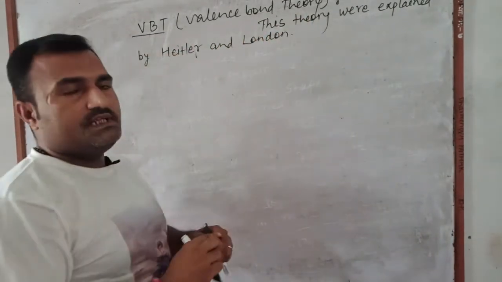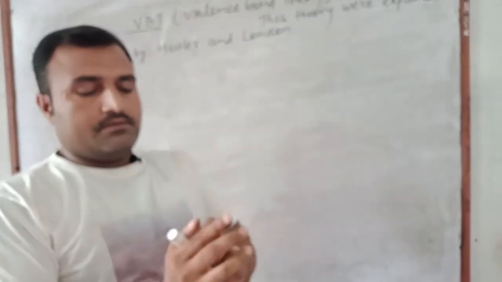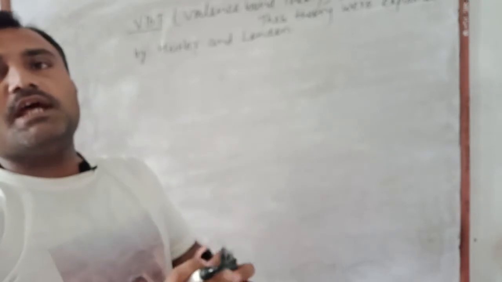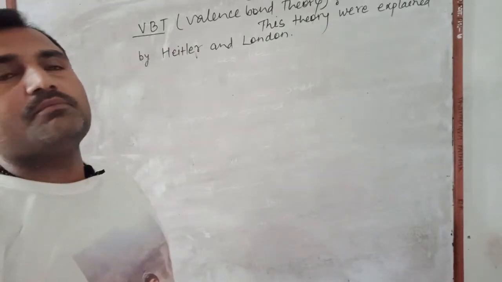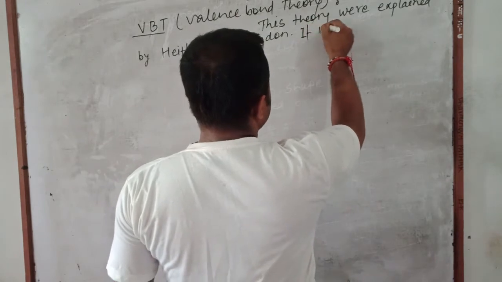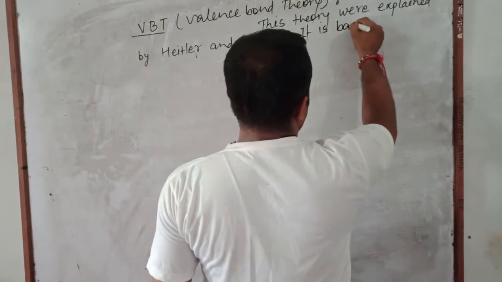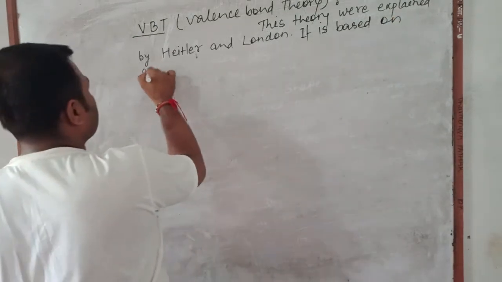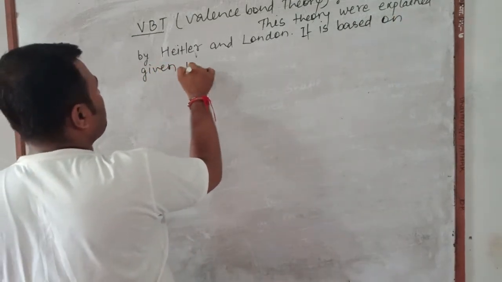In this theory, it is explained that the outermost shell or valence atomic orbital of an atom takes part in chemical bonding. It is based on the given postulates.